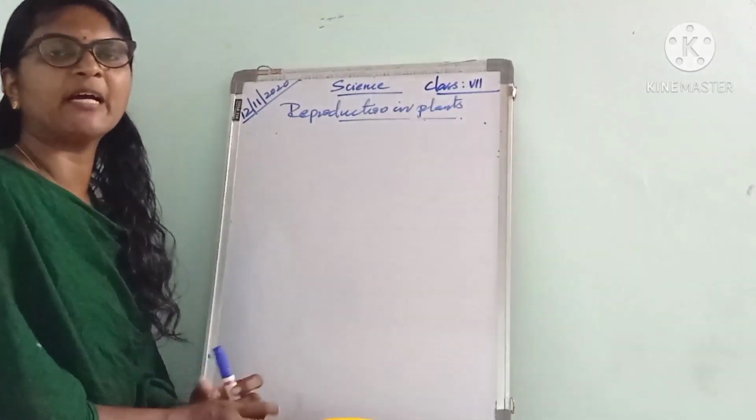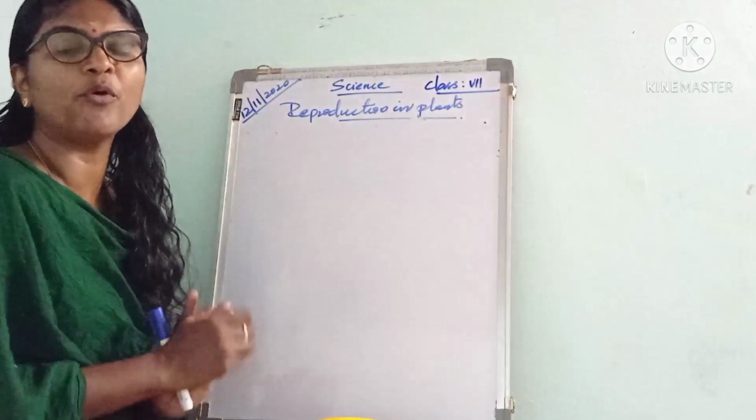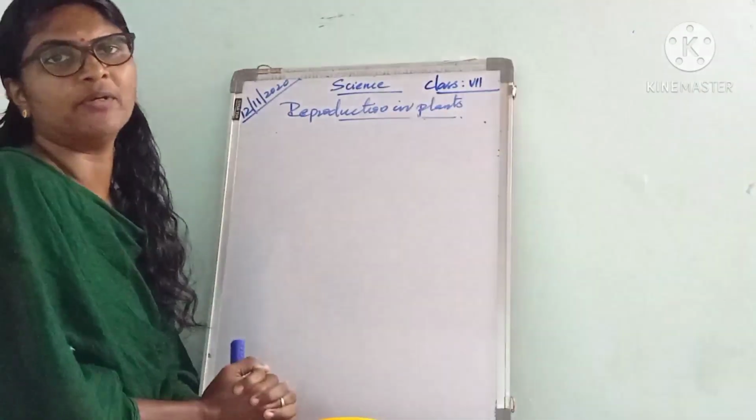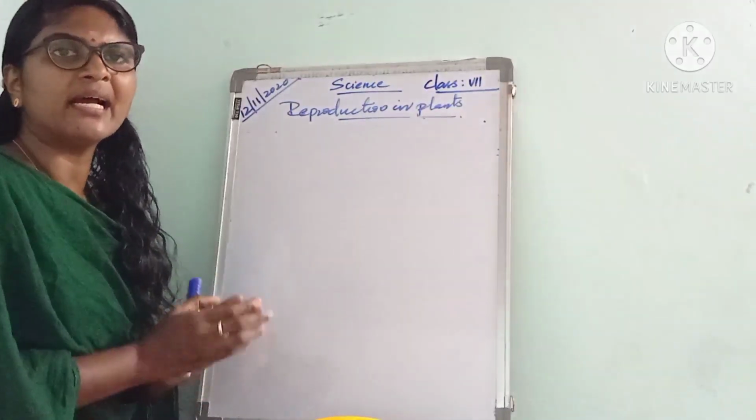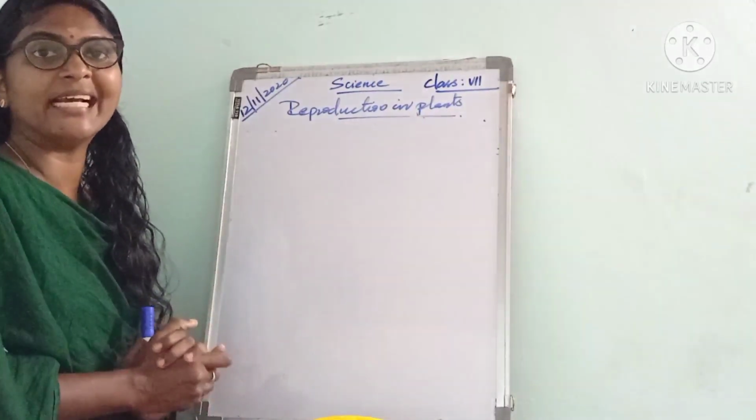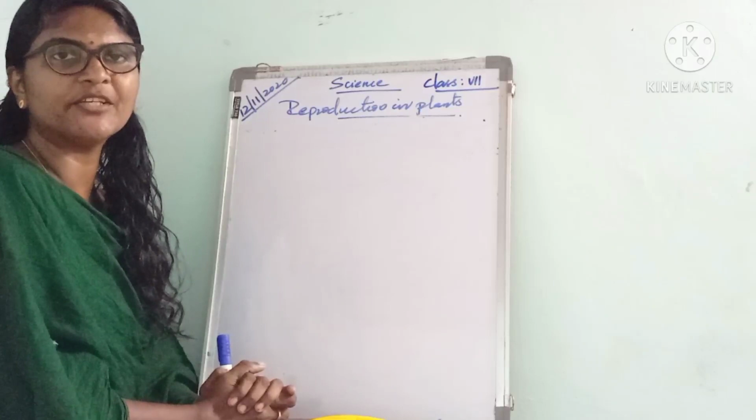Through pollination, the pollen grains are transferred from one flower to another flower. In what ways does the transfer of pollen grains take place?